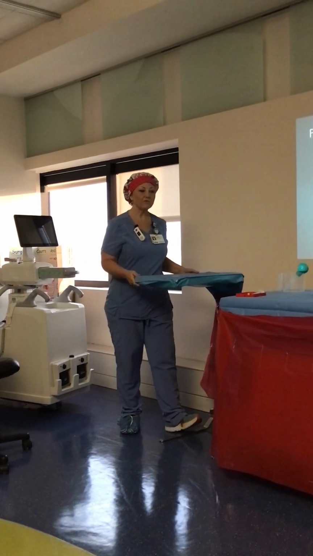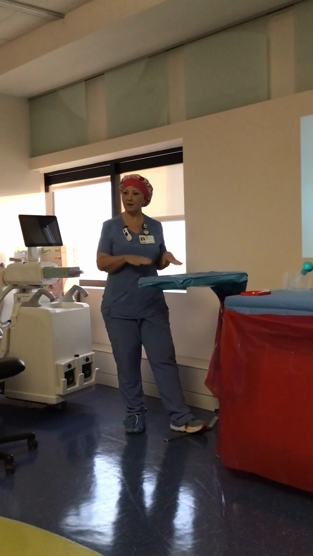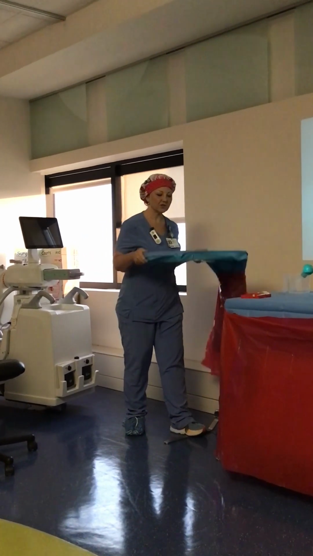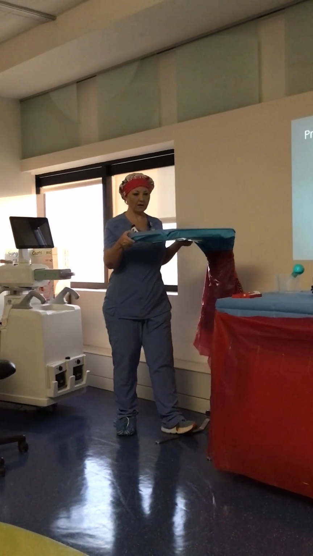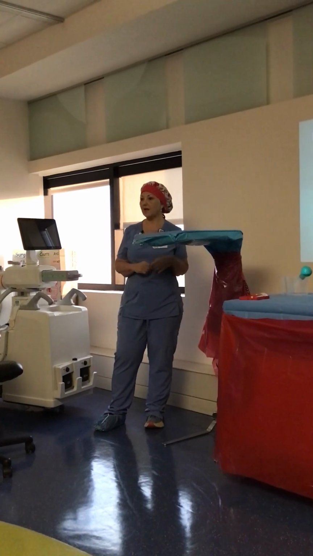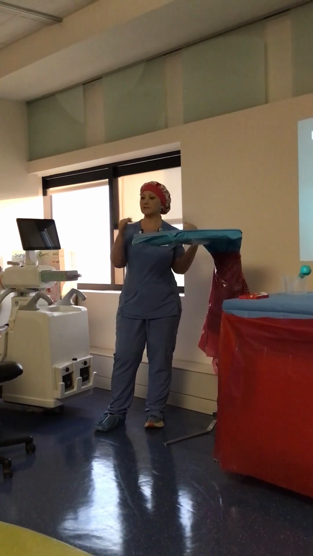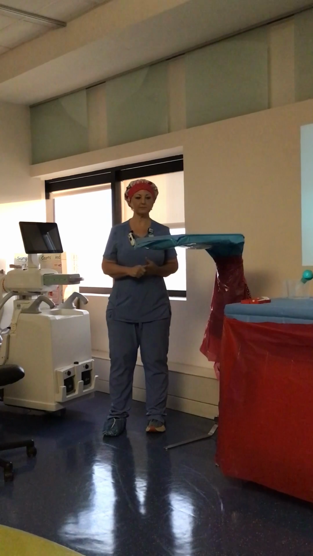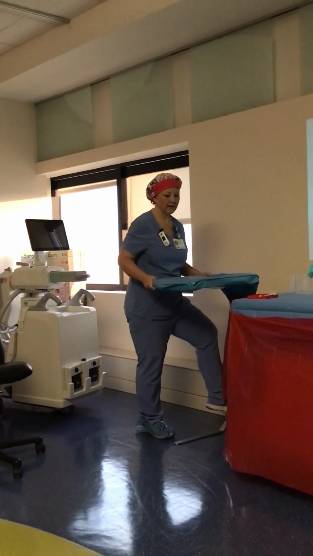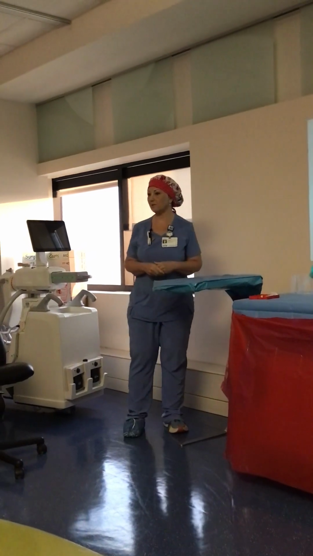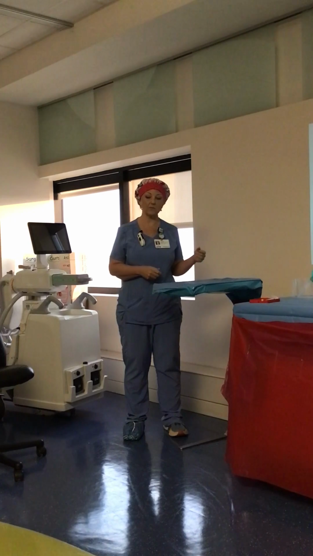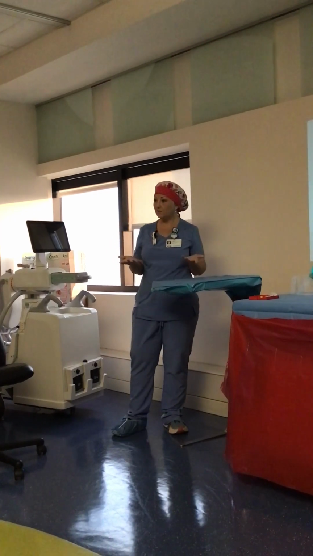So before I scrub in, while my Mayo stand is still unclothed, I may choose to lift it to the height that I anticipate us working at, and then when I scrub in, set it up at that level. But if I couldn't anticipate that I was going to be working at such a high level, what can I do about it?